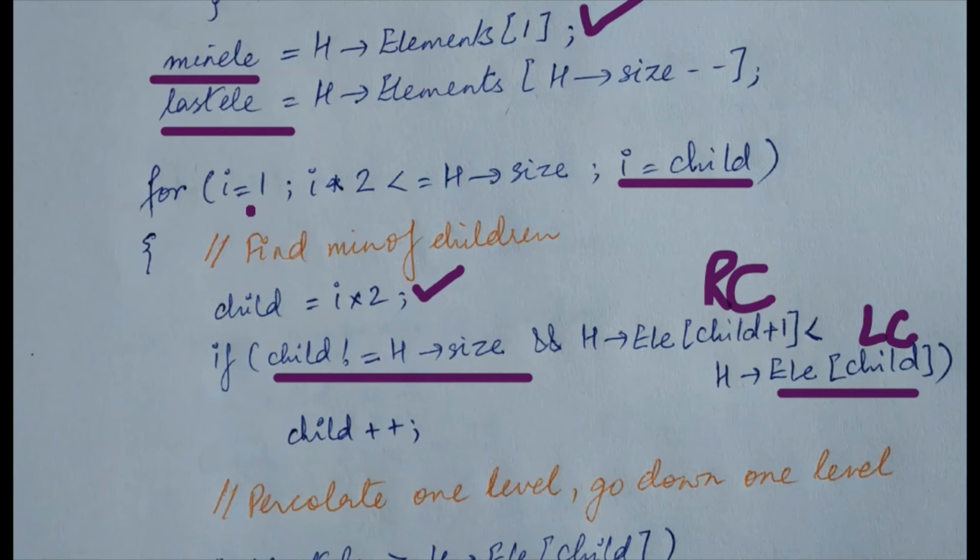If the right child is less than the left child, then the one that is going to replace your parent is the right child, since it is a min heap. For a max heap, this sign will change. So if the right child is less, I do child plus plus. If it's not less, then child stays as 2i.